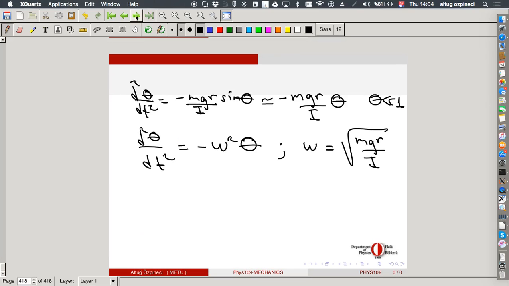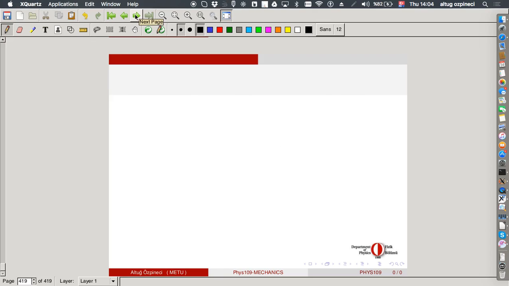Now, we can take the limit of the simple pendulum. Small angles. But it still gives a good enough description for angles up to 45 degrees, for example.